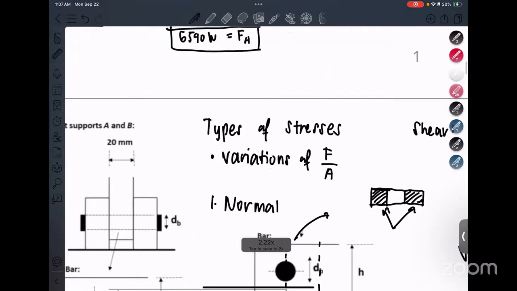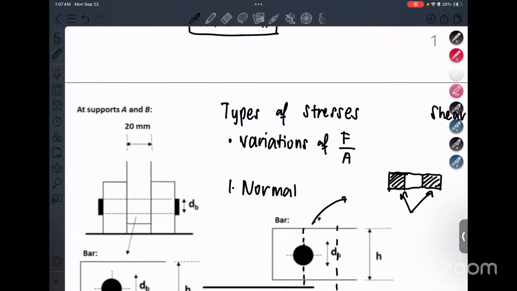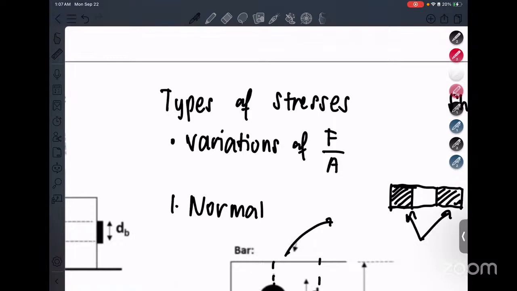So I guess before that, a run down as to what the types of stresses are para rin make sense what they're doing. So types of stresses, essentially these are variations of F over A because that's what stress is, force over area. And what we are basically just doing with the different types of stress is measuring a different area because obviously objects are in 3D space, meaning you cannot account for all the 3D space at the same time.